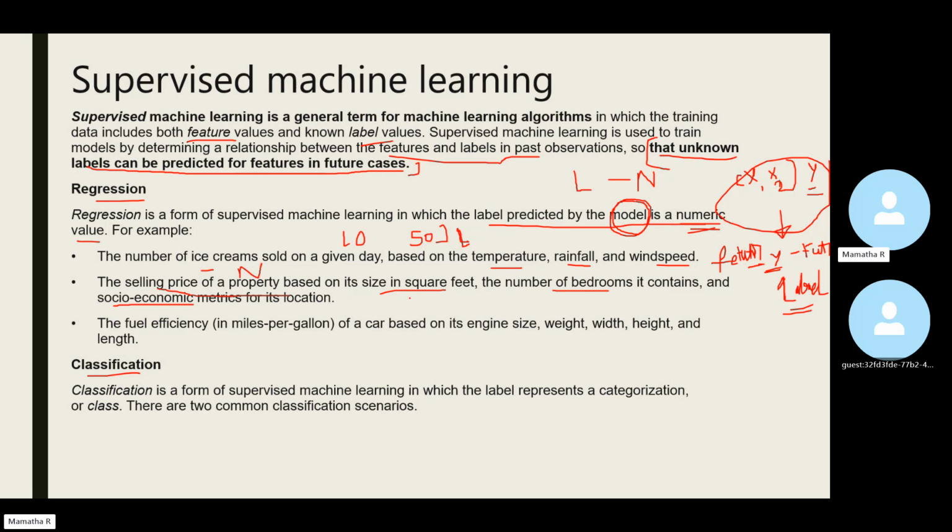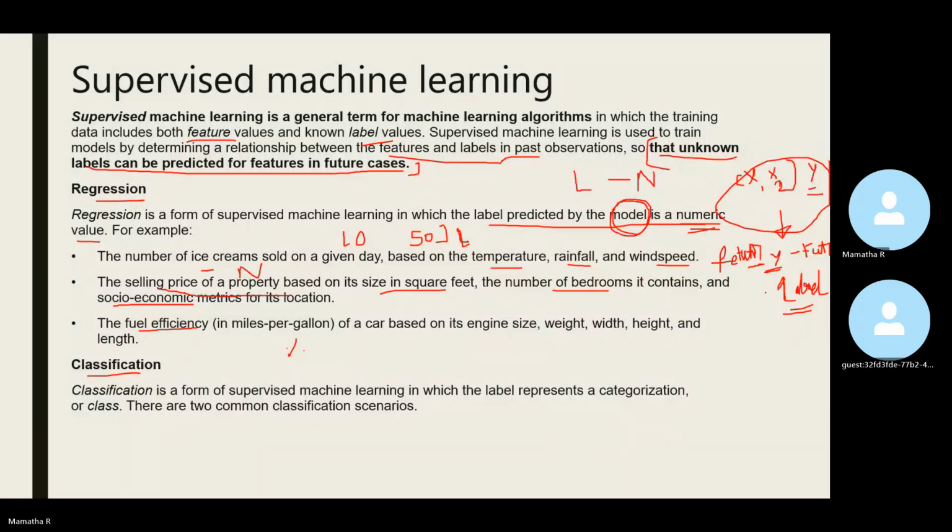Features might be in any form, but the outcome I get should be numeric. Then fuel efficiency, usually given as a percentage, like 7 percent or 8 percent: the fuel efficiency of a car based on its engine size, weight and width, which I'm going to predict.